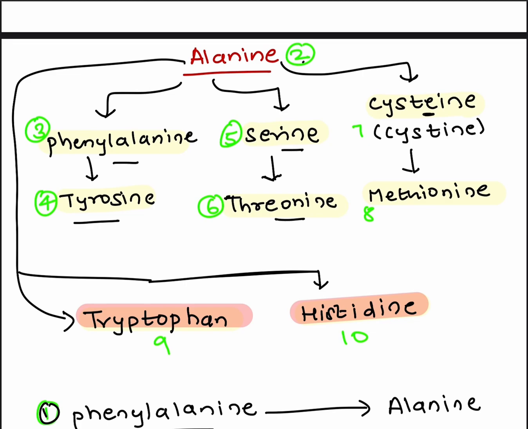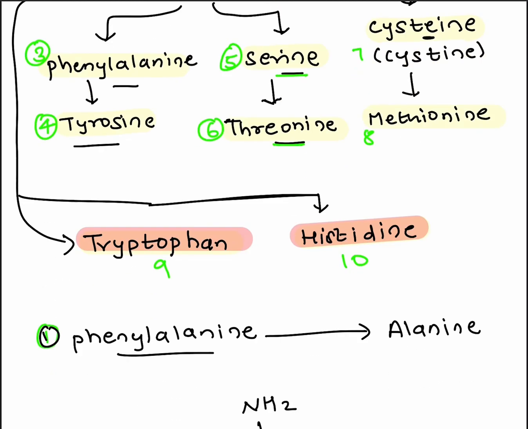So now we have again completed two amino acids, serine and threonine. The next are cysteine and methionine. So how we are going to derive them, let's talk about it. Here is your 7th amino acid called cysteine.